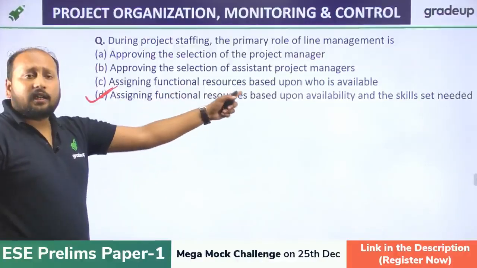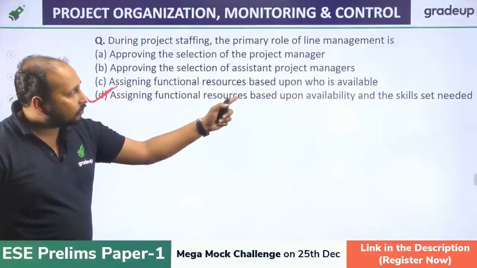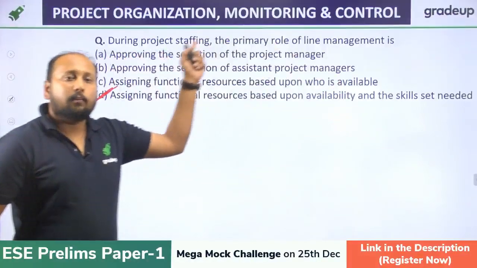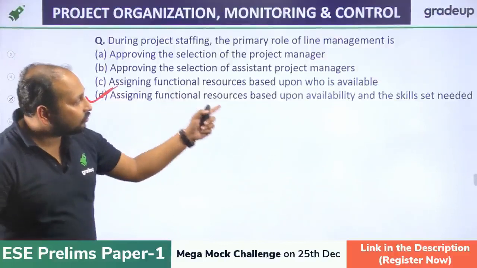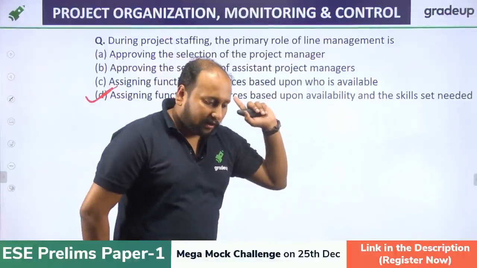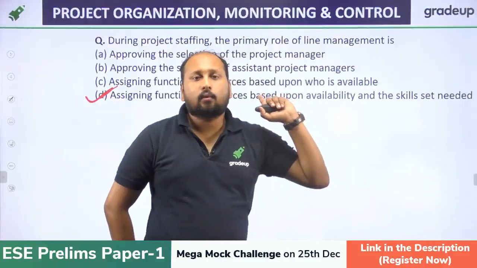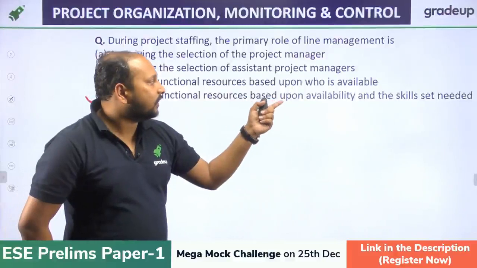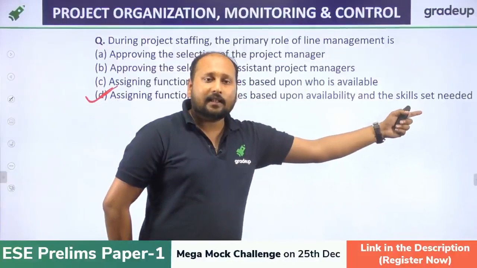Look, assigning the functional resources based upon who is available is also correct, but the most appropriate is assigning the functional resources based upon the ability and the skill set needed. For example, you need a person who is good in welding. If a person is good at welding, you need to see whether his skill is needed or not.